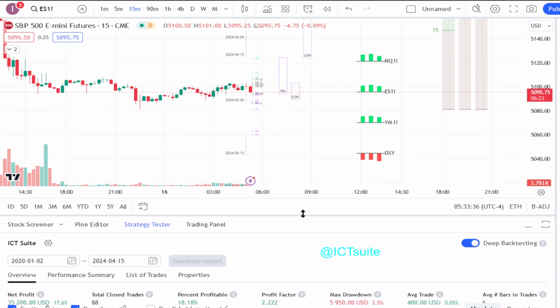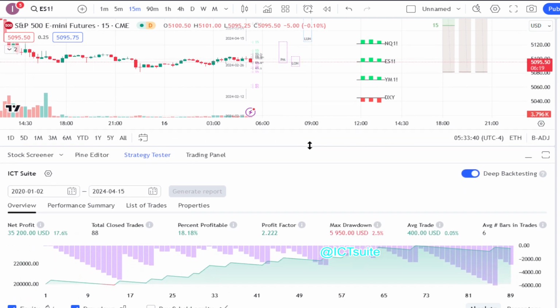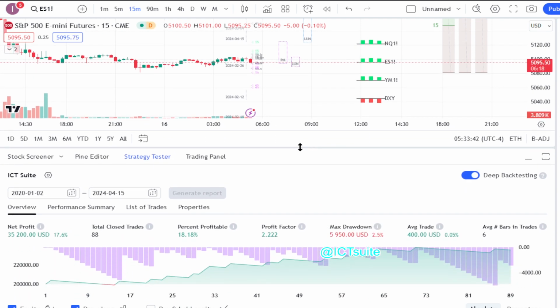Let's see, we have the result here. When we apply the stop loss of 2 points, it gave us an 18% win rate. We have 88 trades.